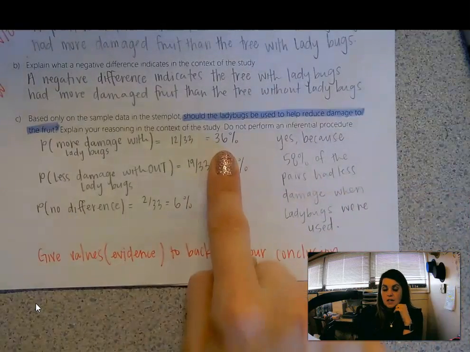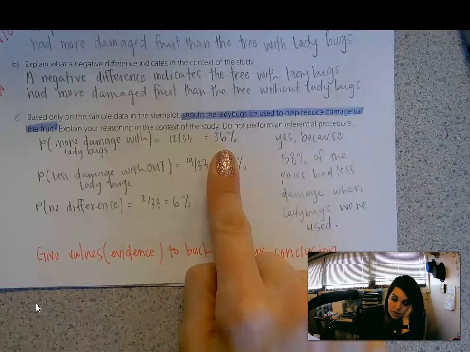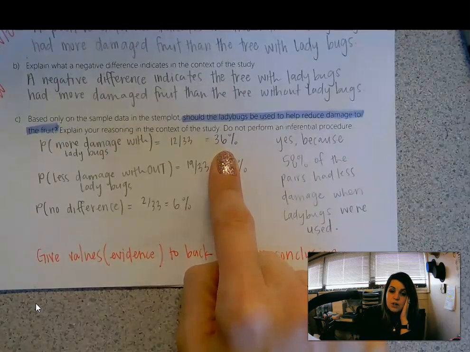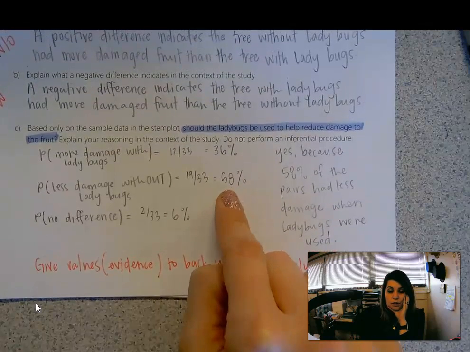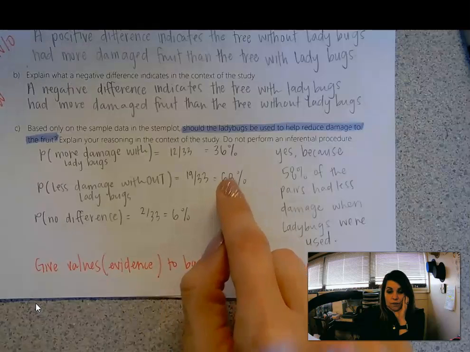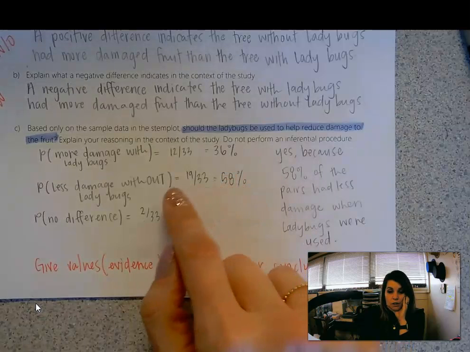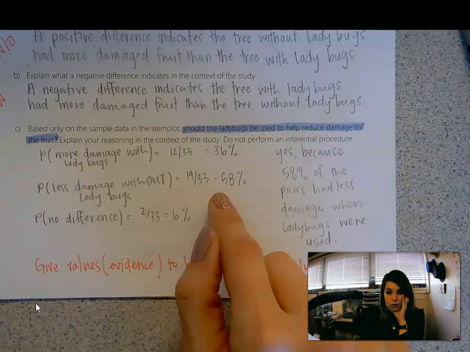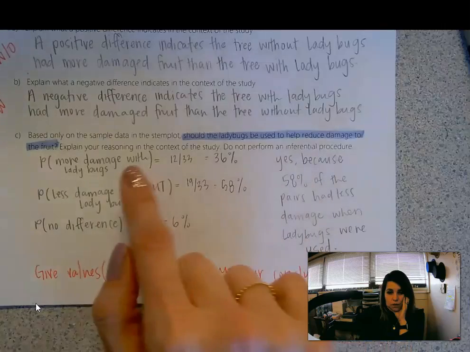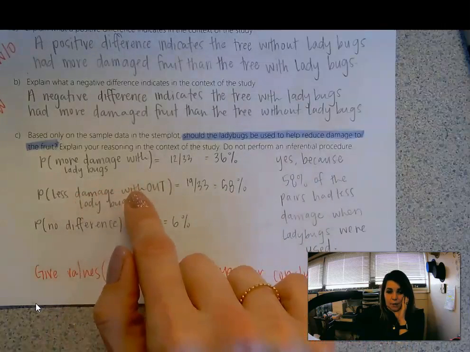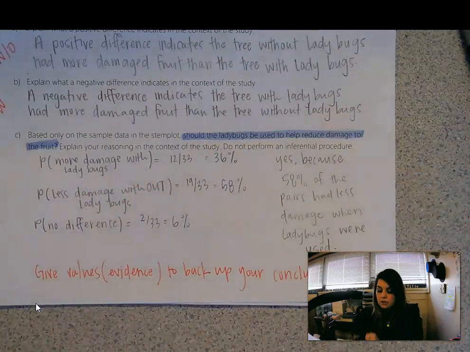So 36% of the pears had more damage on the tree with ladybugs. 58% had less damage without the ladybugs. So this means, I think that's wrong. I think this is less damage with the ladybugs.